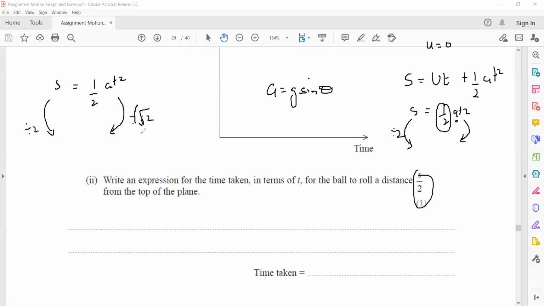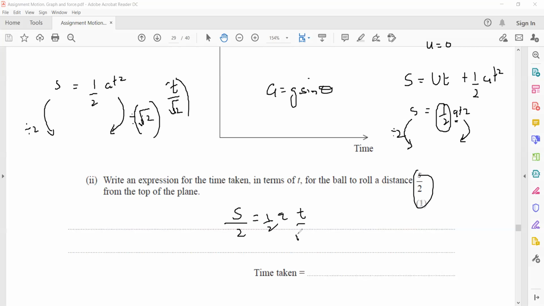So when the time is divided by square root of 2, what will happen to the whole fraction? When I substitute, if I want s by 2, it is 1 by 2a, and the time, because I want this whole factor to be half.